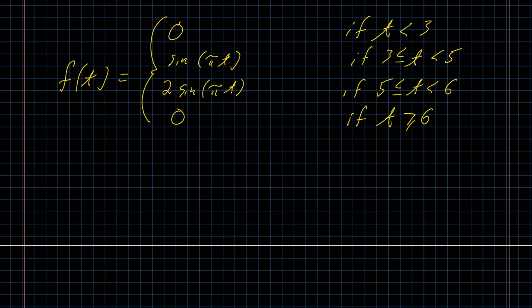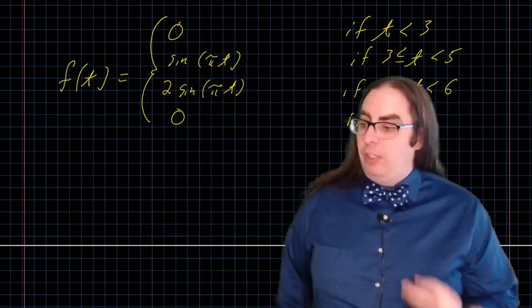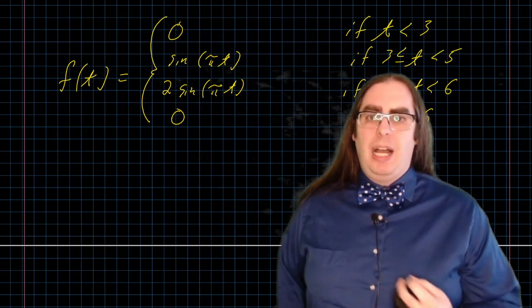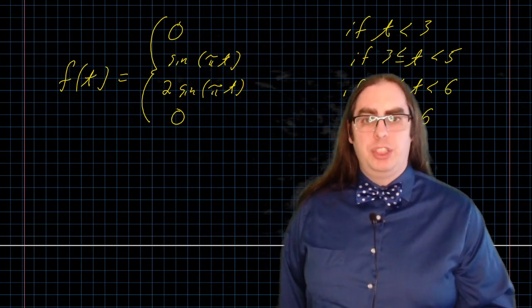This is a very messy piecewise defined function. Again, thinking about it as a motor, we're looking in stages. For the first 3 seconds, the motor is off. Then we turn the motor on for 2 seconds, and then we crank the motor up for 1 second before turning the motor back off. I'll give you the hint that when you're thinking about the Heaviside function, I want you to think about how things are changing.